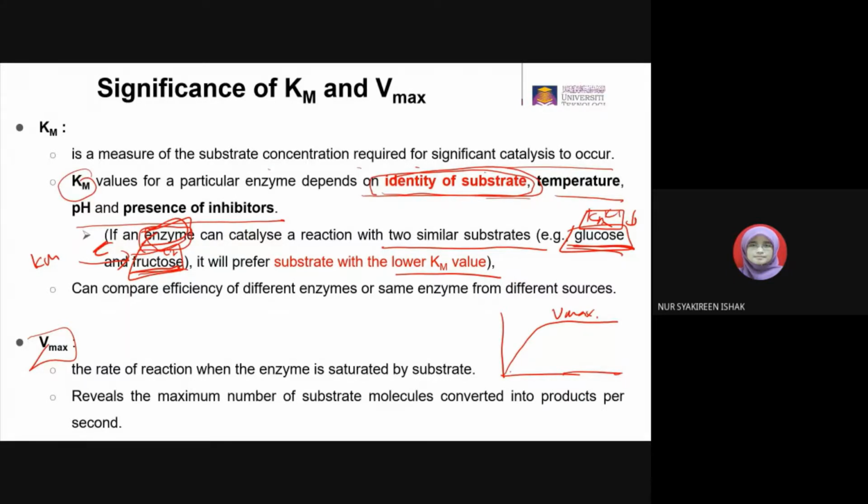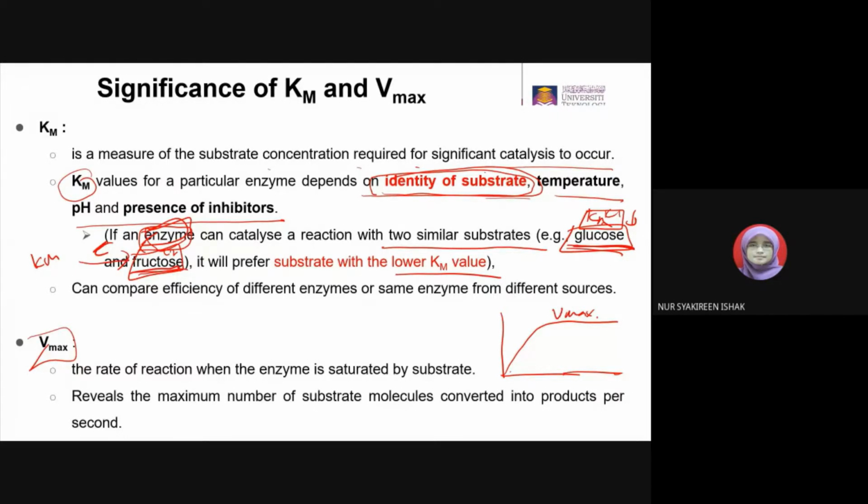Okay, so we continue. That's why you need to know the Km value, where the Km value will determine whether an enzyme can catalyze a reaction with that substrate or not.